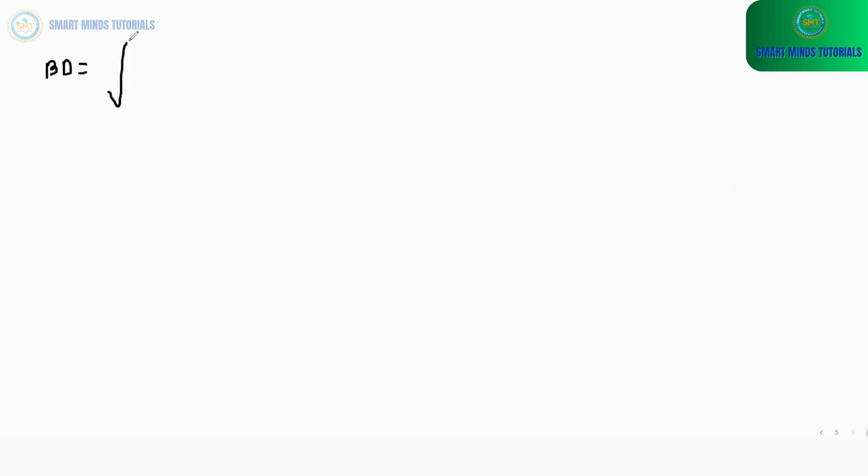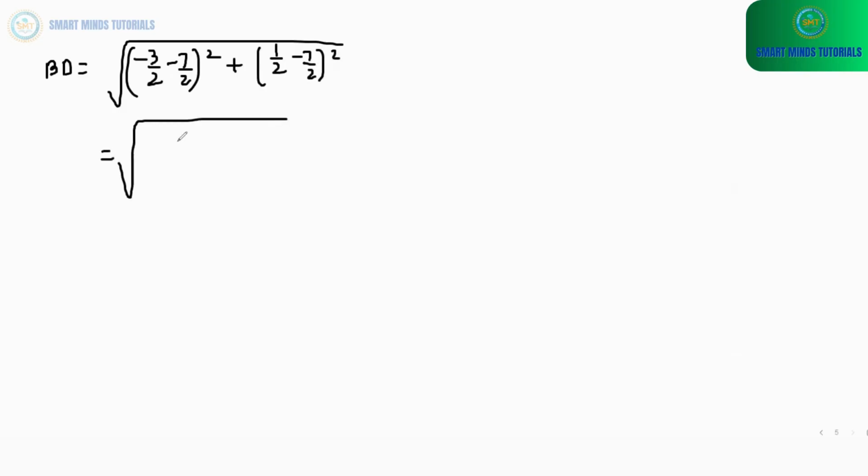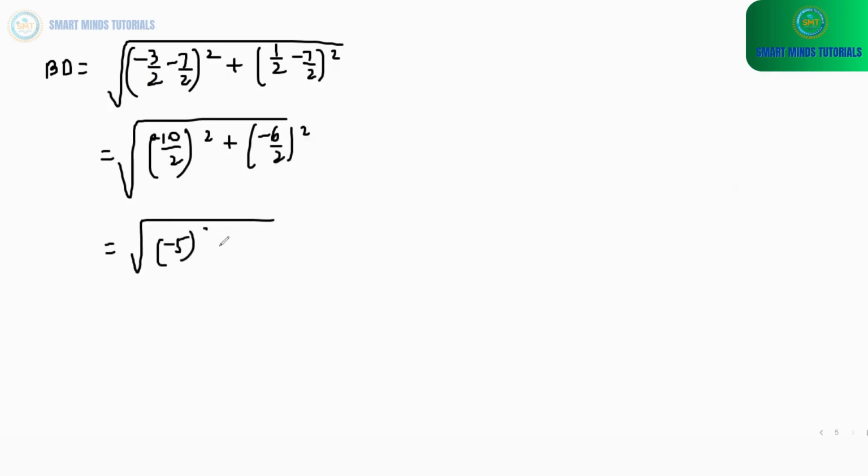Again, we apply the distance formula: (minus 3 by 2 minus 7 by 2) whole square plus (1 by 2 minus 7 by 2) whole square. That is root over (minus 10 by 2) whole square plus (minus 6 by 2) whole square. So that is root over minus 5 square plus minus 3 square, that is root 25 plus 9, which is equal to root 34.